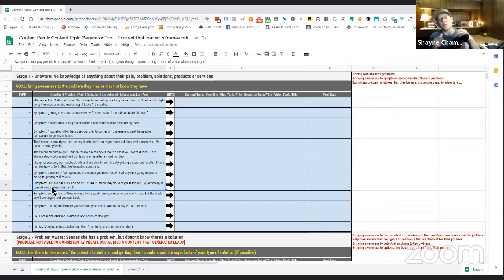So the power in this model is it's so simple. You're going to a pain that they have, voicing that pain, bringing awareness to the symptom they're experiencing, bringing it back up to the surface and the forefront of their mind, and then you're connecting it to a problem underlyingly.